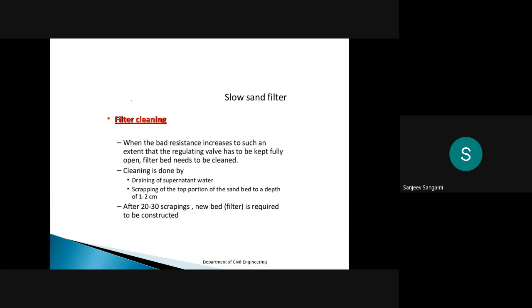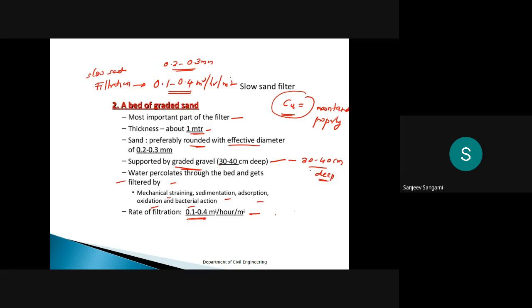Then filter cleaning. Once that skim deck, what I told, the slime layer, it has to be cleaned frequently. If you don't clean it, I'll tell you in the figure itself.